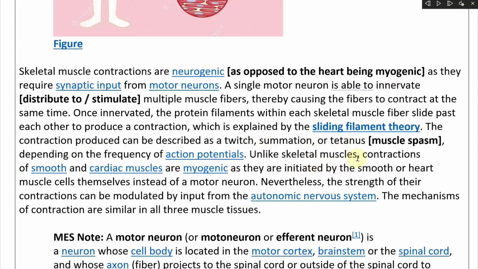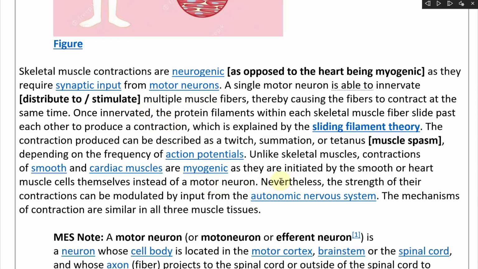Unlike skeletal muscles, contractions of smooth and cardiac muscles are myogenic. Skeletal muscles are neurogenic, so basically voluntary. Smooth and cardiac contractions are myogenic, rhythmic, involuntary, as they are initiated by the smooth or heart muscle cells themselves instead of a motor neuron, so instead of your brain firing neurons to activate.